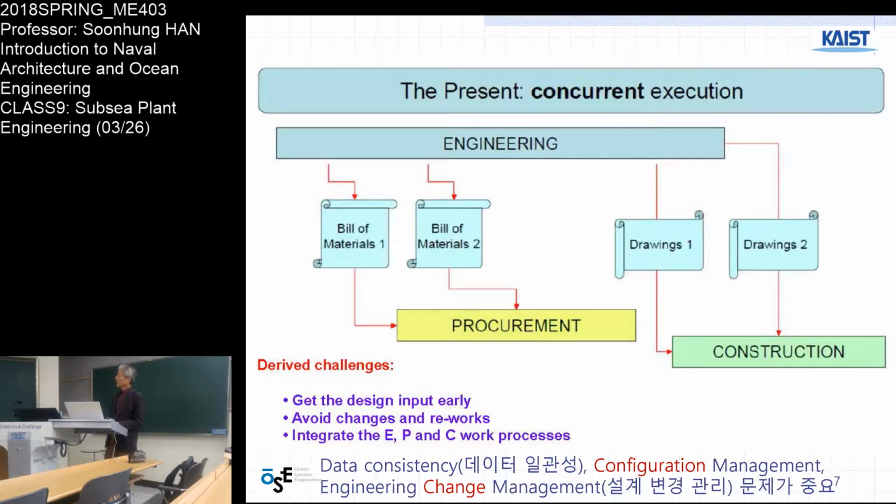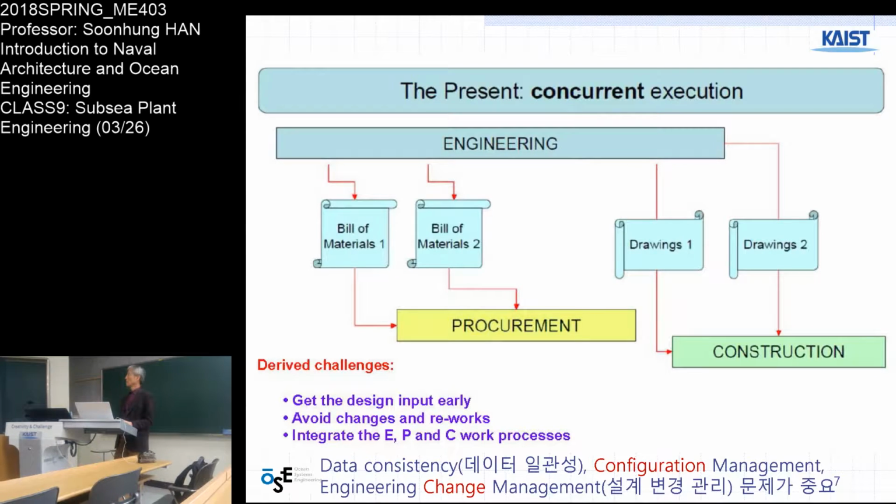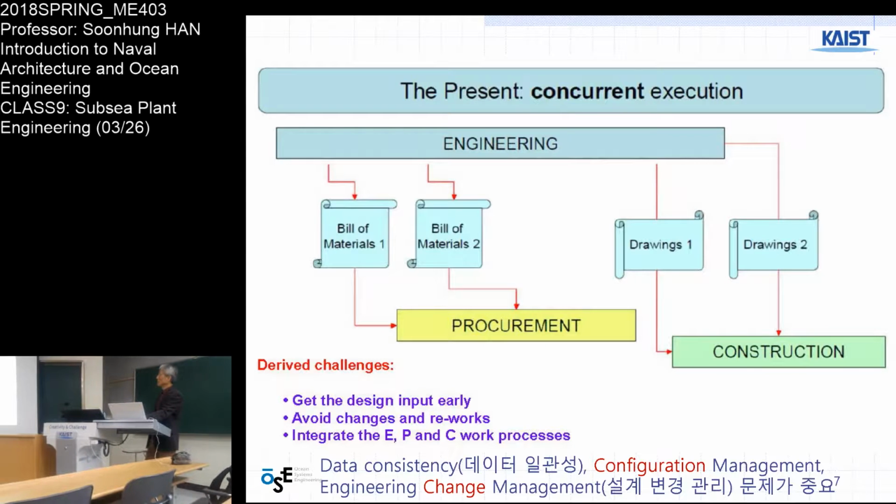So there are two or maybe three or four separate bills of material, and also different drawings. Drawing 2 can be different from drawing 1, compared to this completed work.